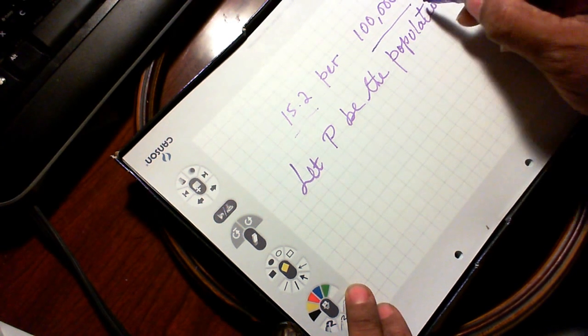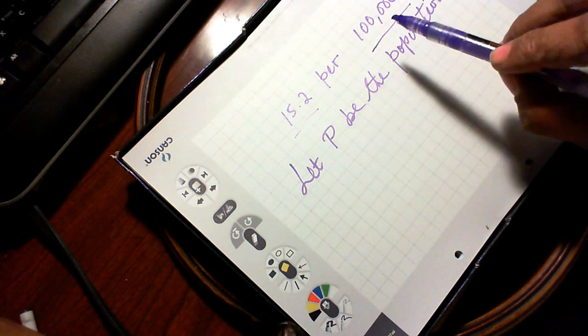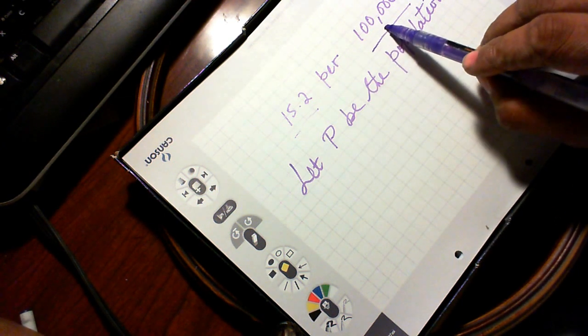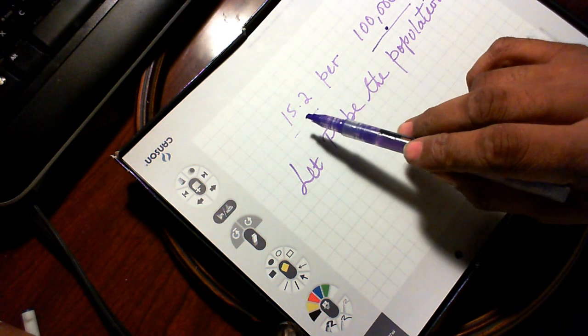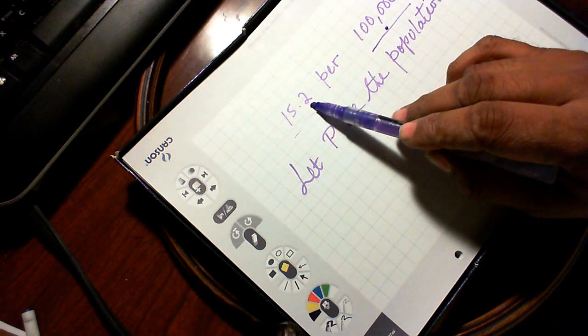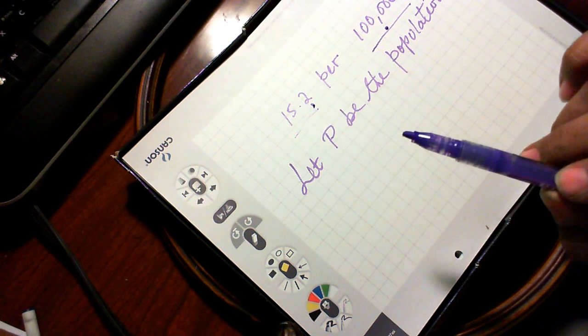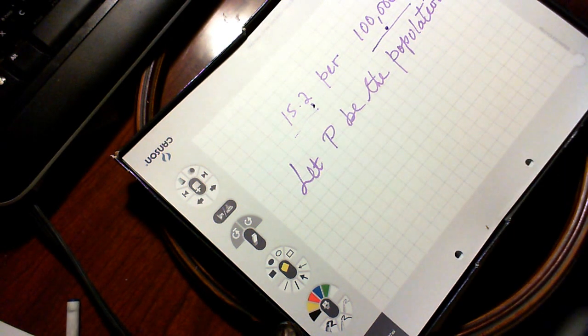Now what do we know? We know that for 100,000, the number of fatalities is 15.2 per 100,000 people.